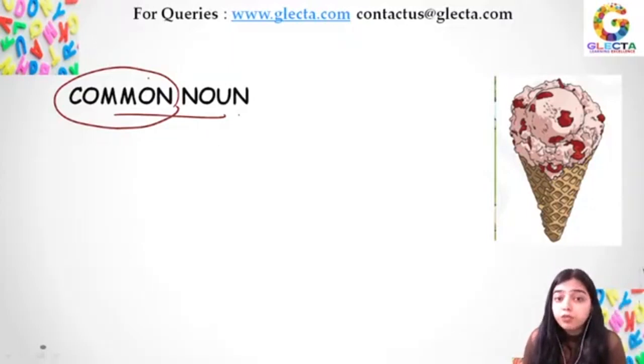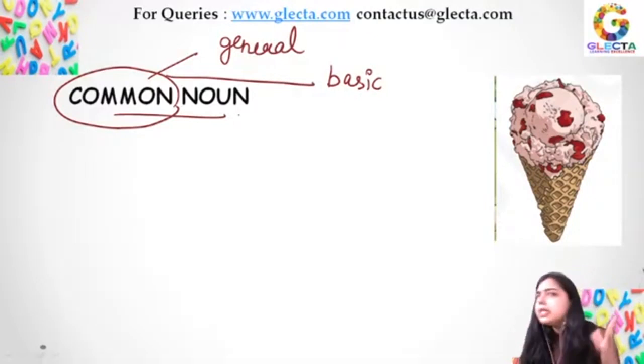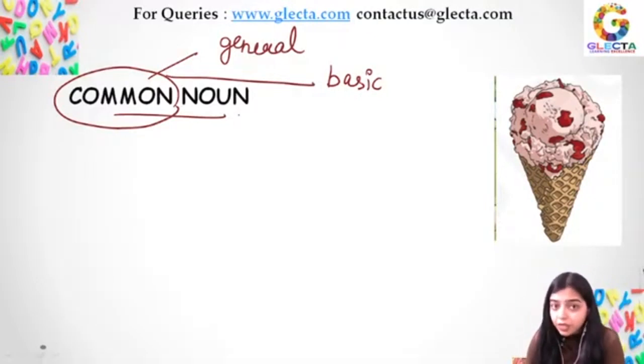Let me just write a few words. Meanwhile, you can also brainstorm. So something that is general, something that is basic, something that we see easily around us, right? Those are the things that are common in our lives. Now, common nouns.